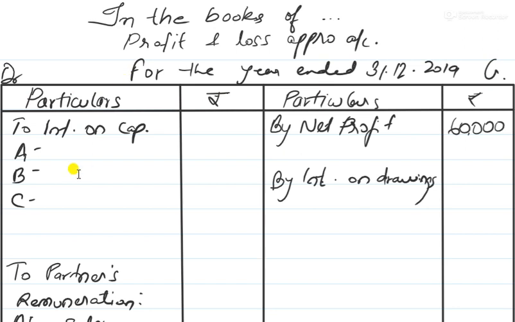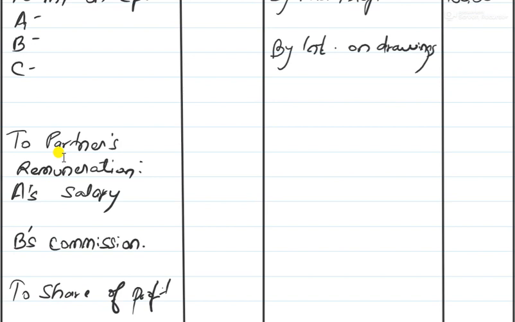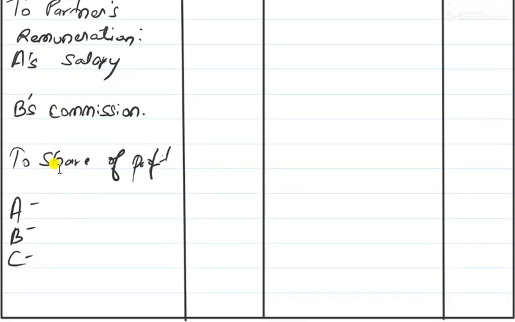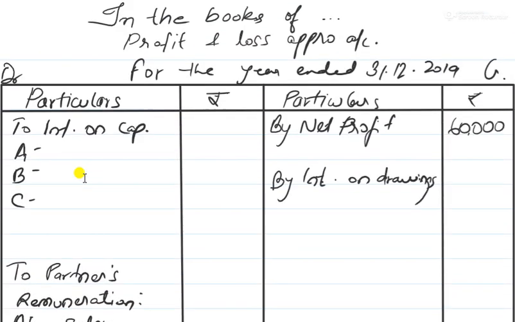So these are the expenses of the firm that are to be recorded: interest on capital, partners remuneration, which includes A's salary and B's commission, and lastly, share of profit is also an expense of the firm. So by net profit, I have recorded 60,000 as it was given in the sums. Now the next part is interest on capital. So first let's work out what the interest on capital will be.